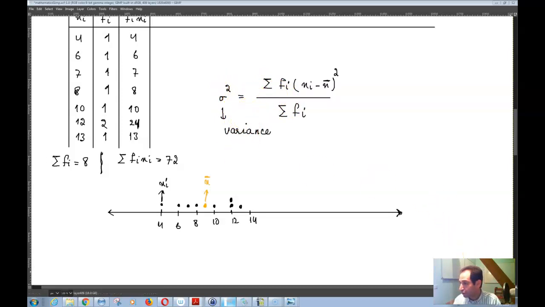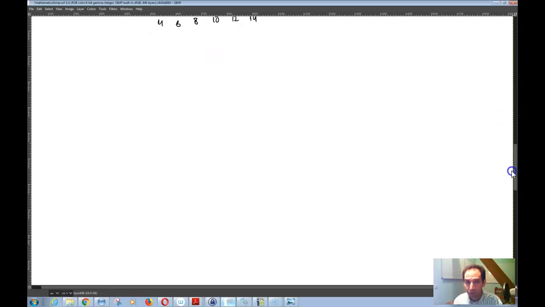Now, in order to solve this problem, we came up with this idea of basically denoting all of these observations as x1, x2, x3, and all the way up to x of n, with their mean as x bar.